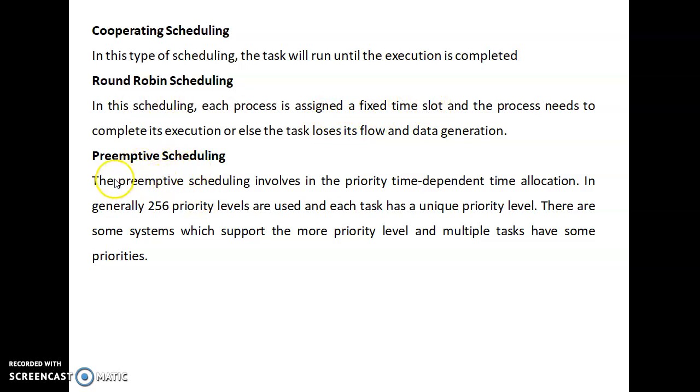Preemptive scheduling involves priority and time dependent time allocation. There are 256 priority levels, as it was initially developed for 8-bit microcontrollers, right? So 256 priorities are available nowadays. Priorities are according to the kernel design. Now there are some systems which support more priority levels and multiple tasks, according to the new kernel which is designed.